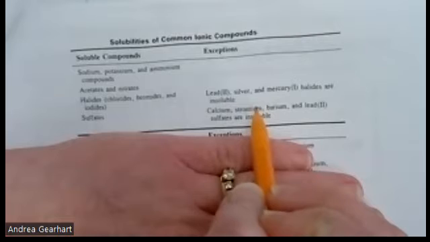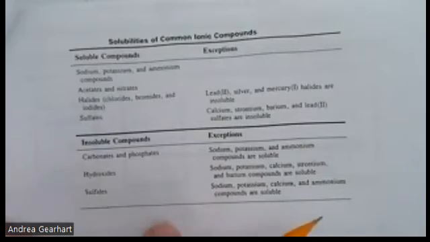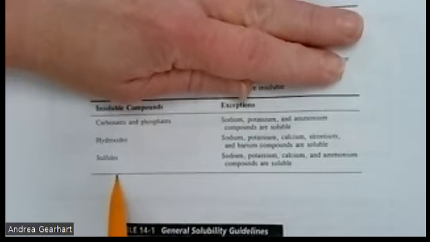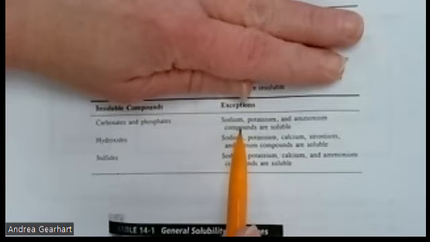If it is an exception, then it makes it insoluble. And we'll go through examples. If the cation or anion are part of this part of the table, well, then they're insoluble, but we need to check the exceptions. The exceptions, if these are bonded, would make it soluble.